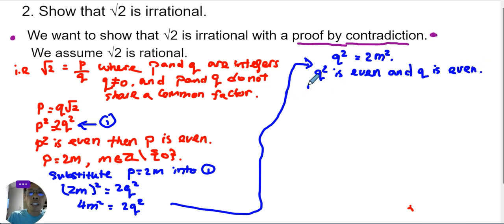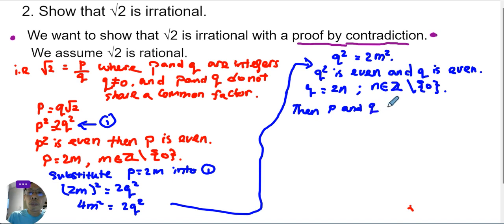If q is even, then q can be written as 2n, for example, where n in this case is an integer, but not 0. So if this is the case, then P and Q share a common factor 2.